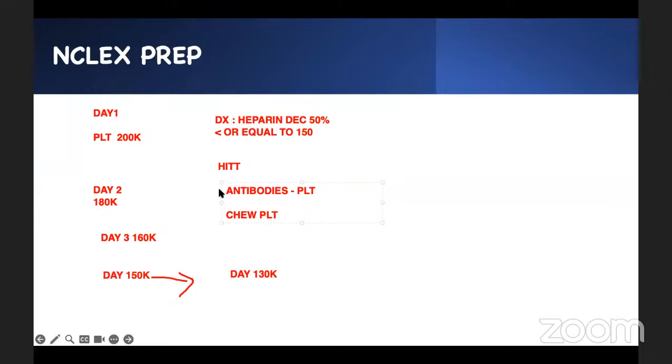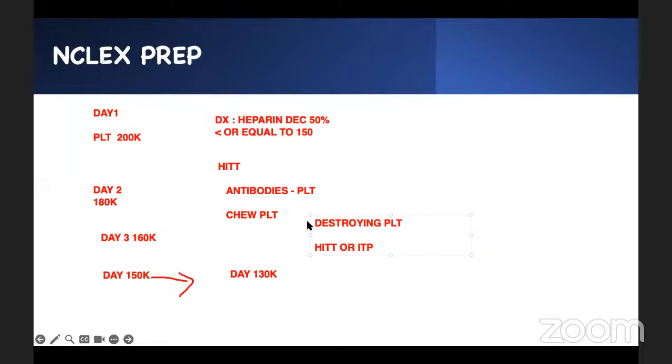This is different from idiopathic thrombocytopenia. You are not actually destroying them. I'm spending time to explain so that when you see a question, you know the difference between HIT and ITP.